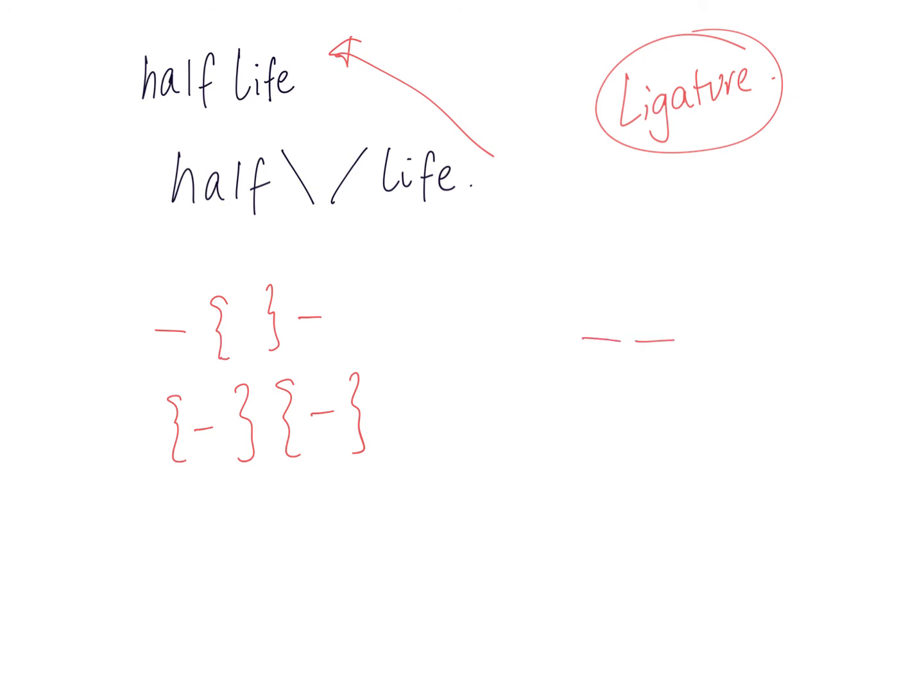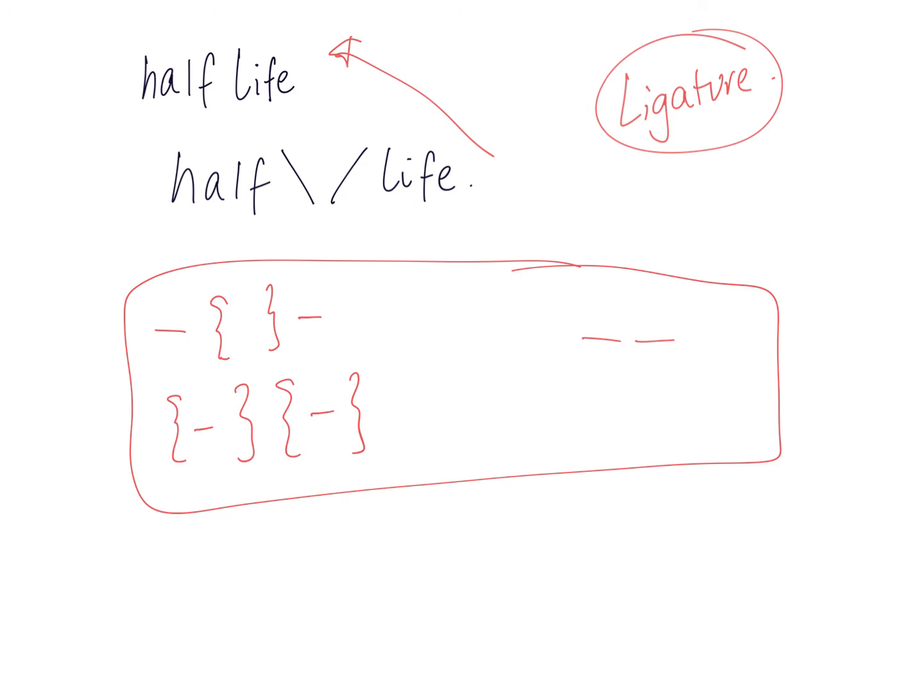Like you might see some documents which have two dashes, but they are not joined together. So you can use this code to express that. If you want an ellipsis, you would write 3 dots. That will give you the ellipsis.